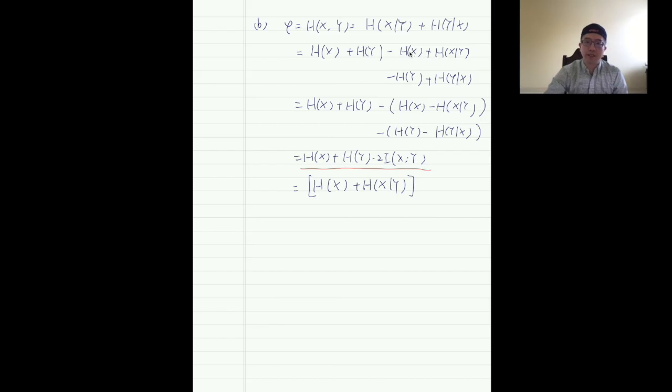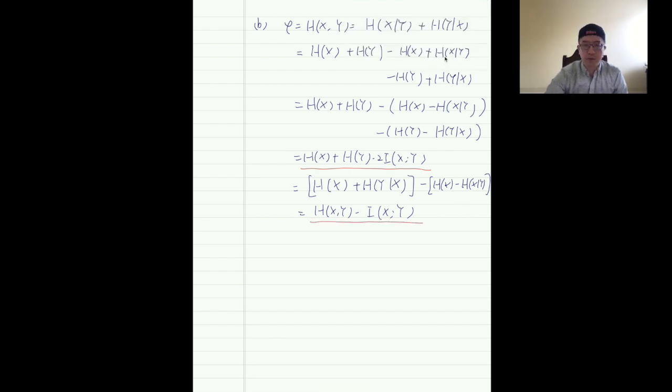And then what we get is this term and this term. Sorry, it should be this term. So we need to pick this term here and this term to make a joint entropy, and then what we have left is basically this term here. And then we can see that is H(X,Y) minus the mutual information between X and Y, and this is the second identity that we want to prove.